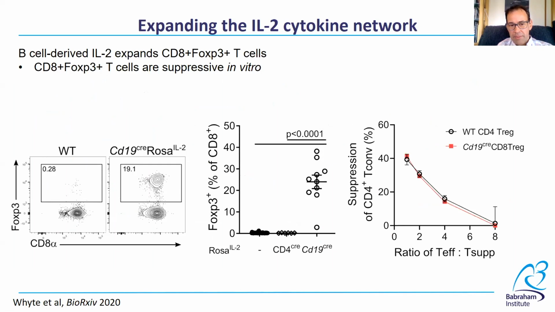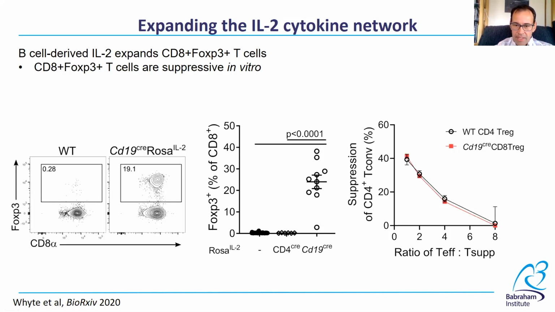However, when B cells make IL-2, we're now seeing 20 to 30% of all of the CD8s are now FOXP3 positive. Colossal increase. And this doesn't happen if T cells make IL-2. It really has to be B cells making the IL-2.